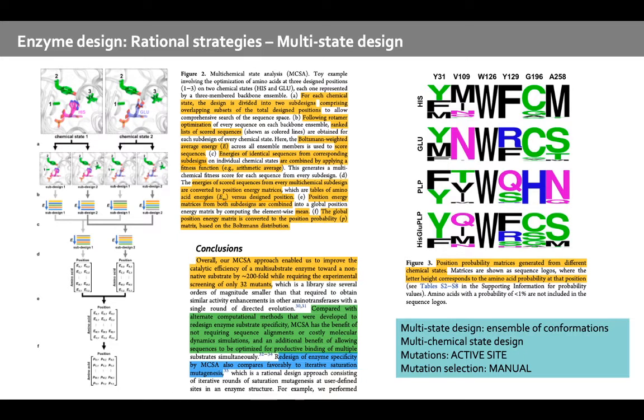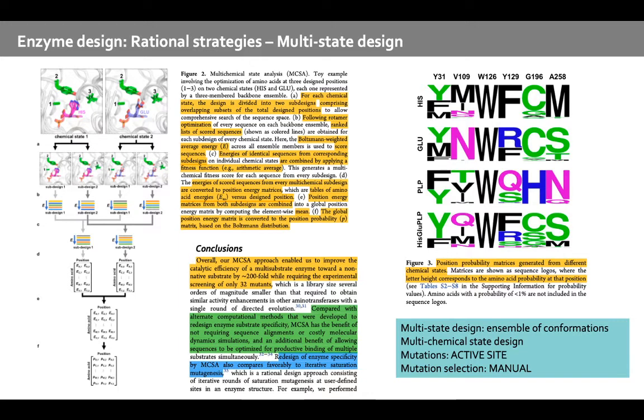And on the left side, you have the protocol that they use. In this case, they design a new protocol that tries to identify the best sequence, not the best sequence for one state, but for all chemical states that are involved in the process.